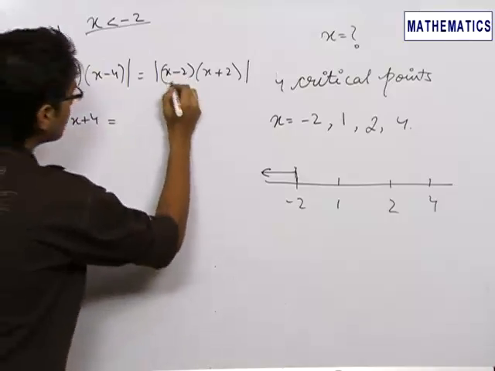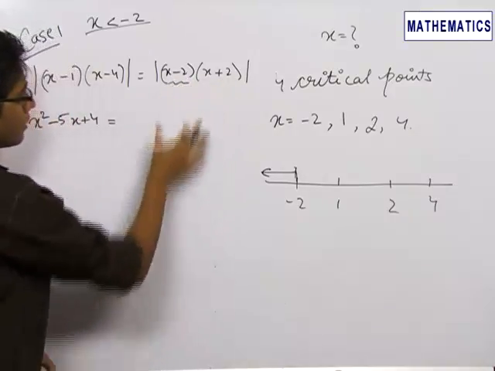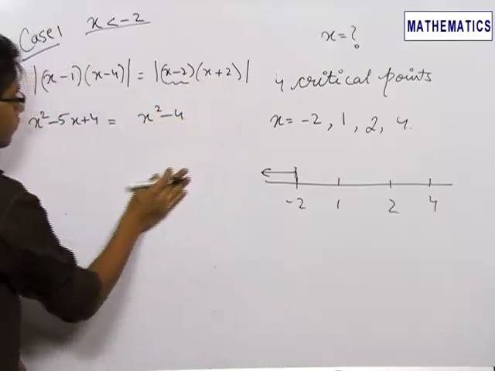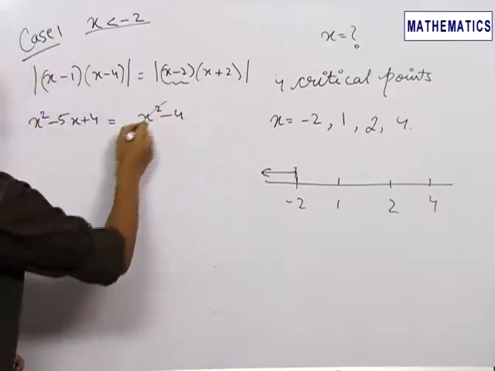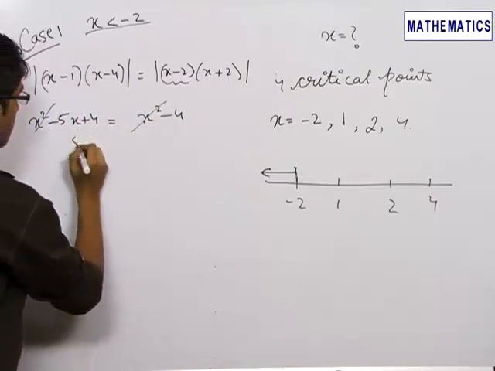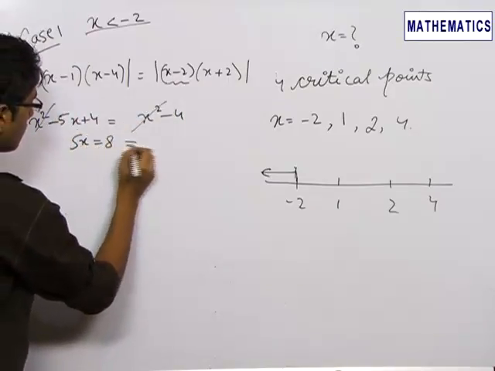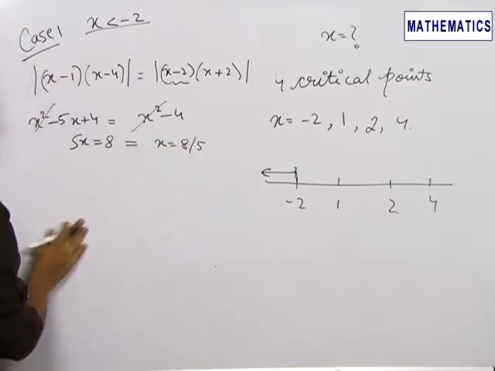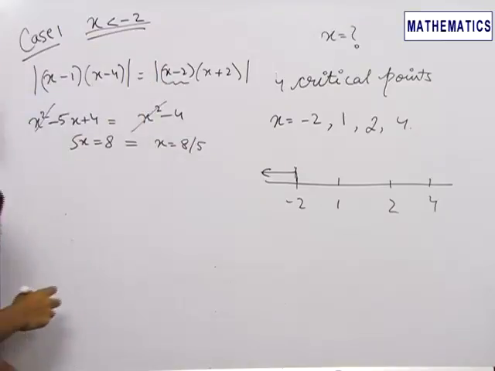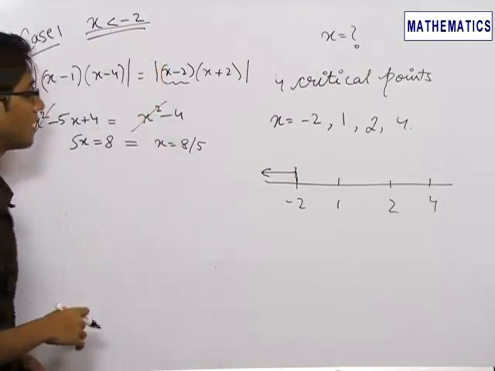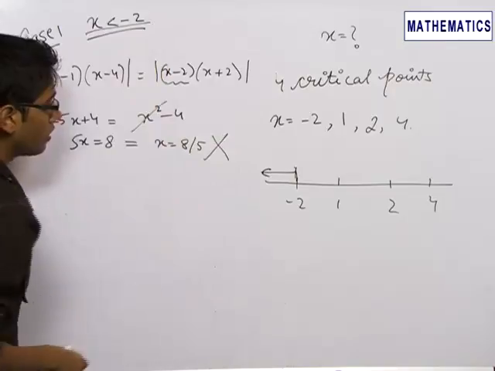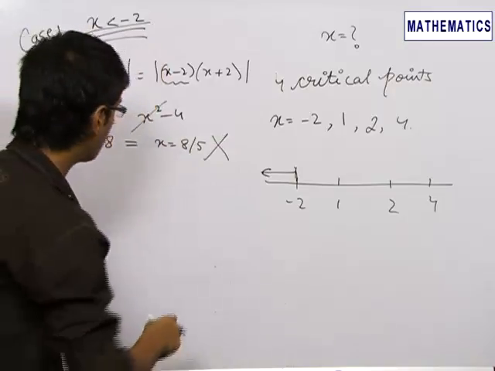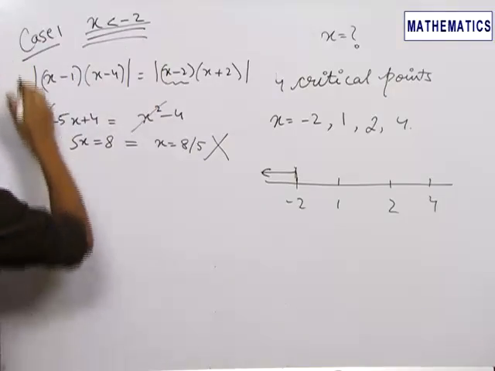This will be negative, negative into negative will again open as positive, so this will become x square minus 4. This becomes 5x equals 8, x equals 8 by 5. But checking with the given interval, we need to satisfy that x should be less than minus 2. So this solution will be rejected as it does not appear in the given interval x belonging to minus infinity to minus 2. So this case is rejected.